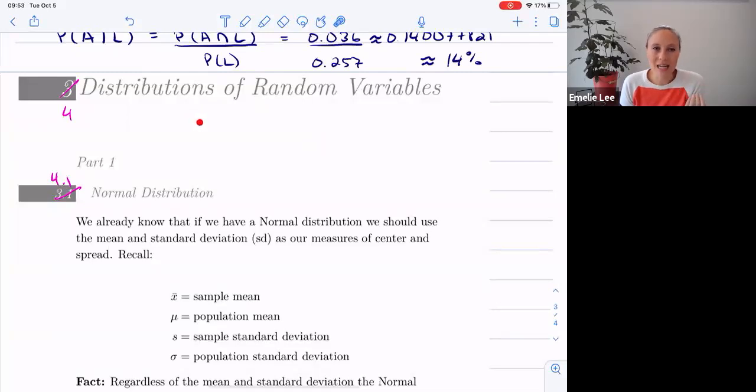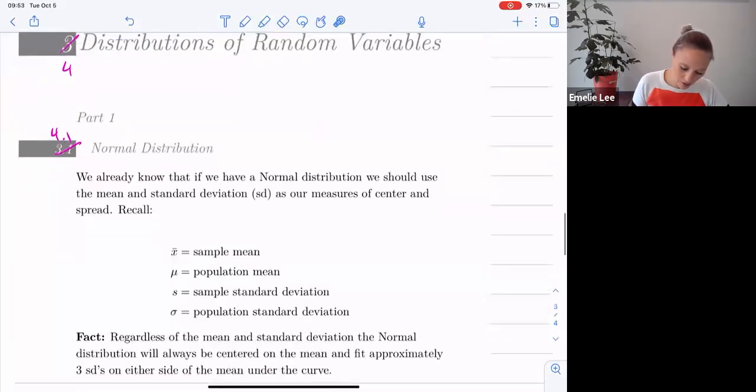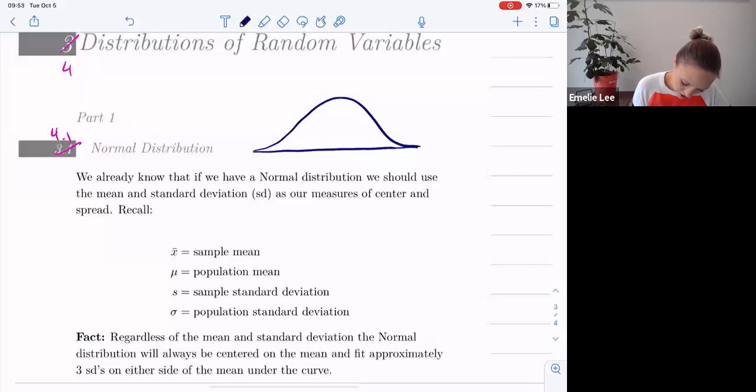We've already seen for numerical data, we can look at the histogram, right? And we talked about the shape, the center, and the spread of a normal distribution, for example. So we've already seen a normal distribution because we identified it as a shape that looks something like a bell curve.